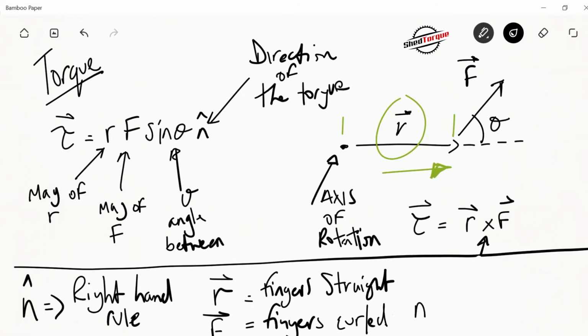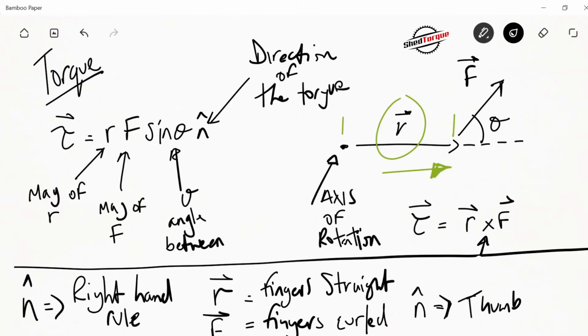Then n hat is the direction of your thumb. In other words, which way your thumb is pointing. So let's have a think about that.